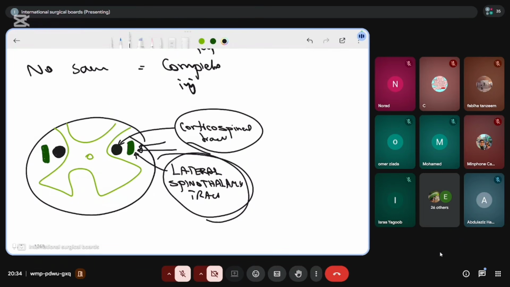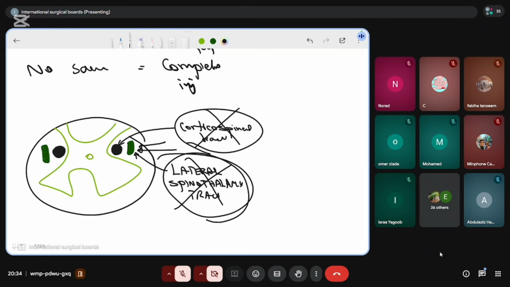However, if you prick the patient's perianal skin and he doesn't feel it, that's a bad sign, because it means this tract is gone. And if it's gone, this is also gone. So no motor recovery, unfortunately.